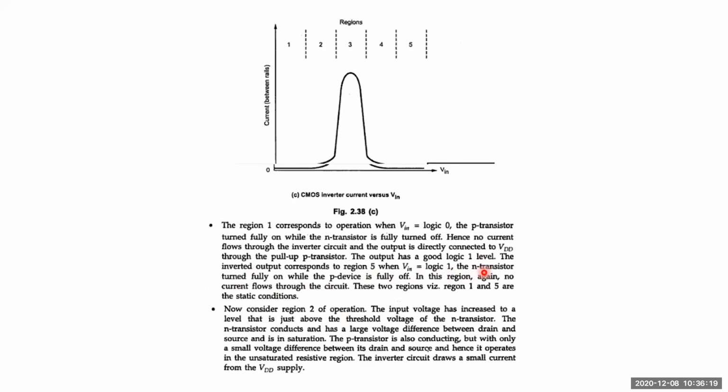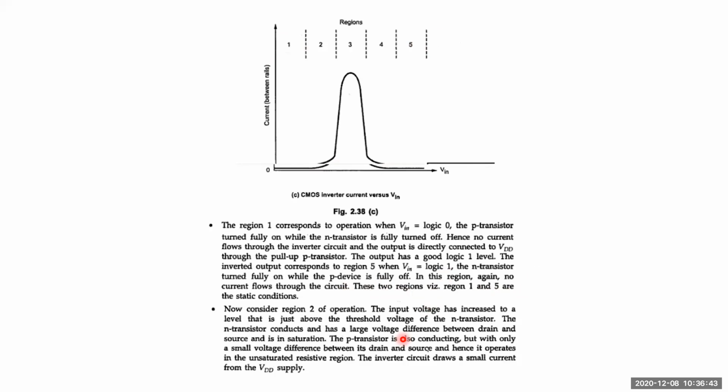Region 5 means region E; it is A, B, C, D, E. In region 5, the PMOS will be cut off and NMOS will be in the linear region. Region 1 and region 5 are static conditions. These are the static states of operation of this PMOS and NMOS.